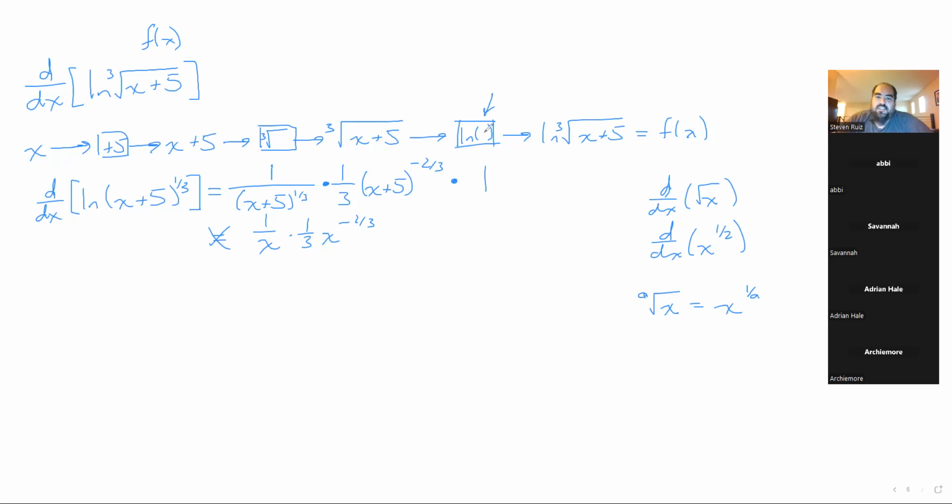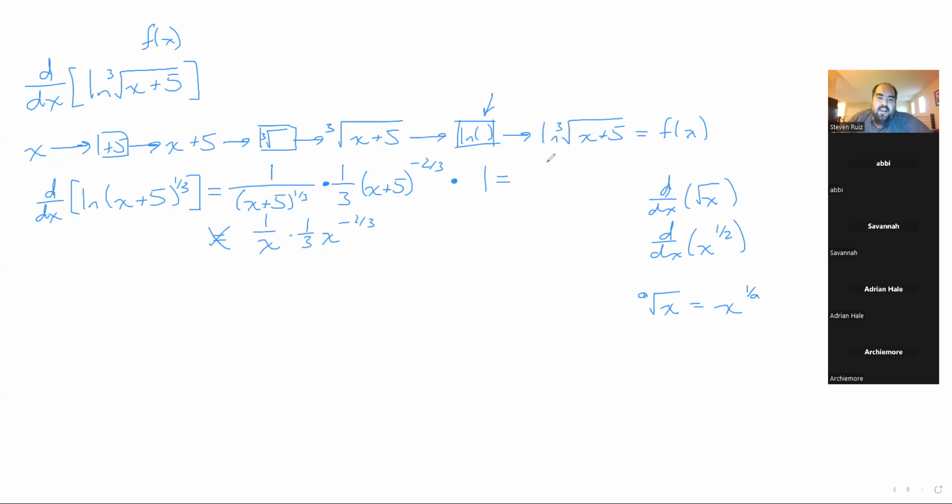The derivative of natural log of x is 1 over x. But in this case, my input to this part of the function is not as simple as just x. There's more to it than that. In this case, it's the cube root of x plus 5. So to illustrate something else, I have 1 over x plus 5 to the 1/3 times 1/3 times x plus 5 to the negative 2/3.